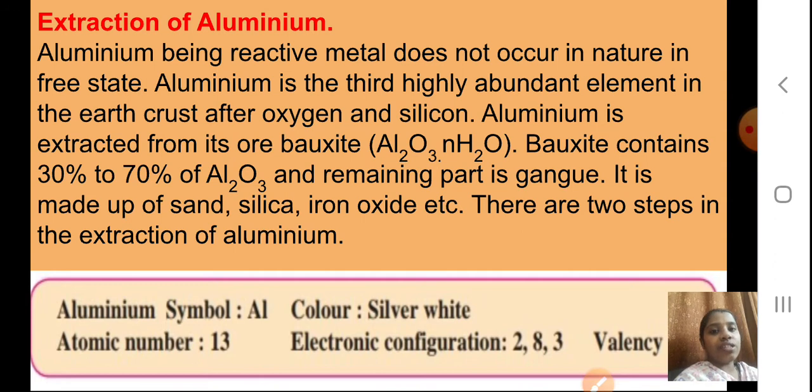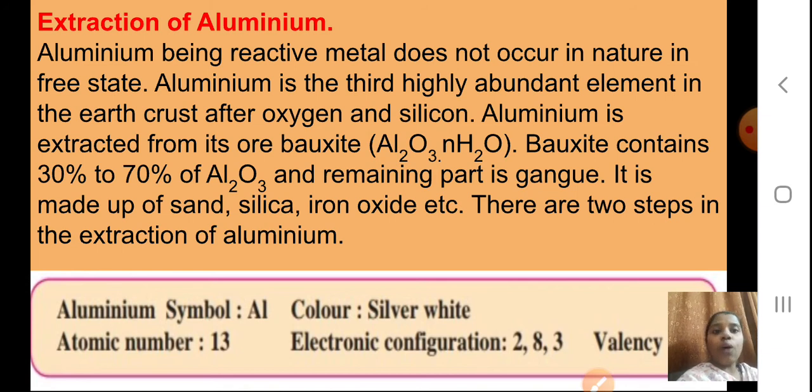You know water of crystallization, you studied in 9th standard. Bauxite contains 30% to 70% of Al2O3 and the remaining part is the gangue, the unwanted part, made up of sand, silica, iron oxide, etc. There are 2 steps in the extraction of aluminium, so we are going to see those 2 steps.